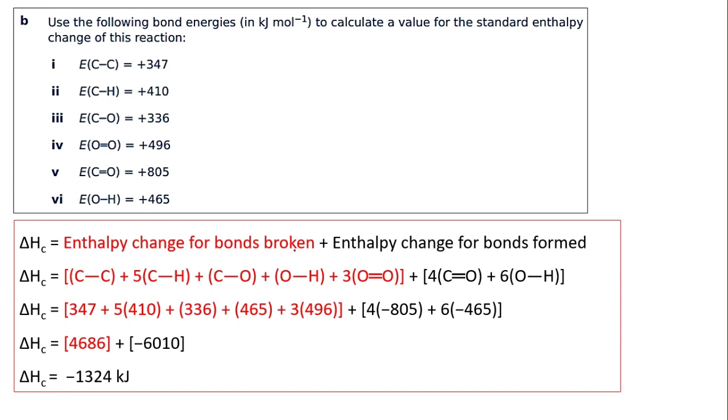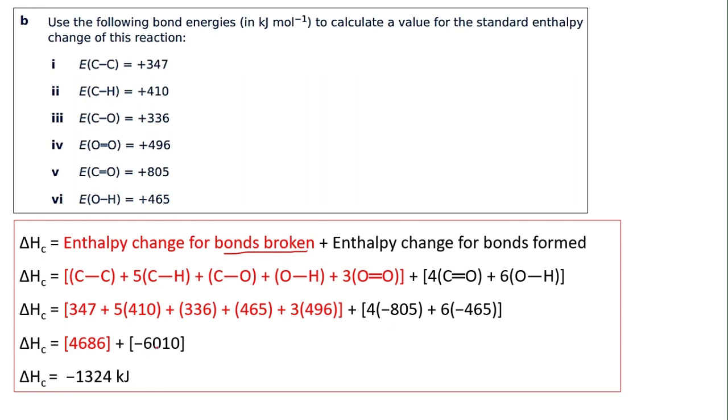All the bonds breaking on the reactant side are written positive, and for the product side we use the negative: 4 times the negative value of C=O and 6 times the negative value of O-H single bond, and then add these together.